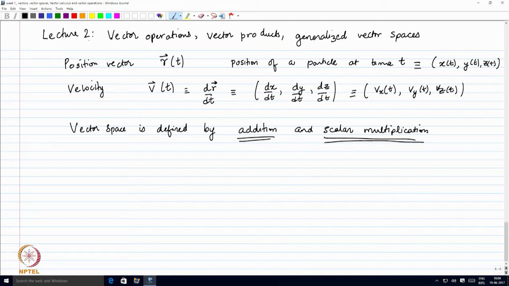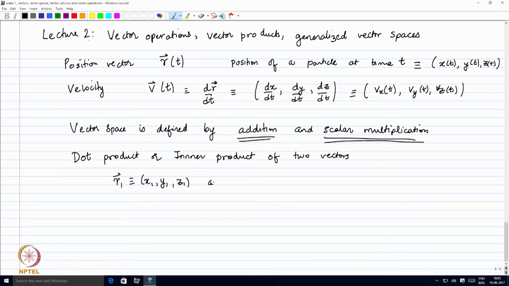For example, there is one operation called the dot product or inner product. What you do is you define the dot product or inner product of 2 vectors. Suppose you have 2 vectors r 1, which is denoted by x 1, y 1, z 1, and r 2, which is denoted by x 2, y 2, z 2.